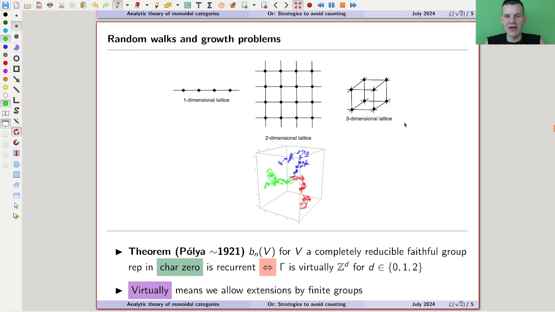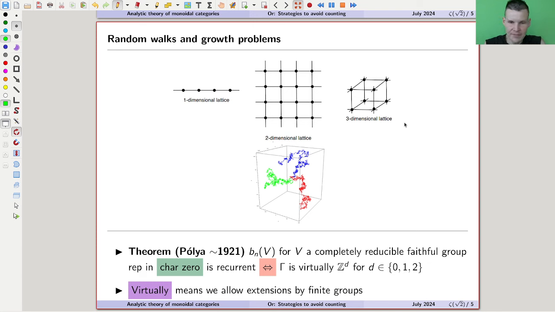Then you have the following variation of Polya's theorem, which is really just a tiny variation, so I still call it Polya's theorem. Let's say we have our random walk problem for a completely reducible faithful group representation in characteristic 0. So we are still in characteristic 0 groups.